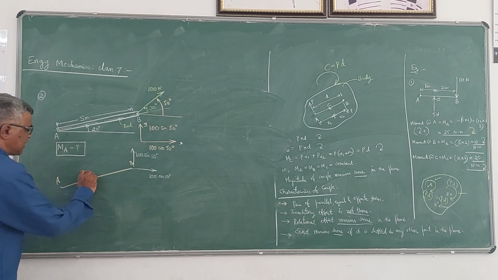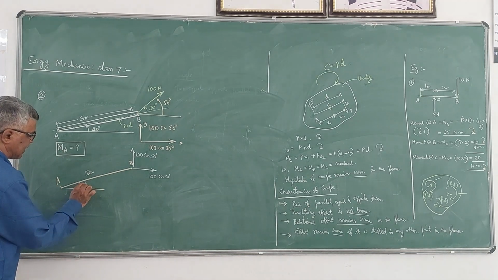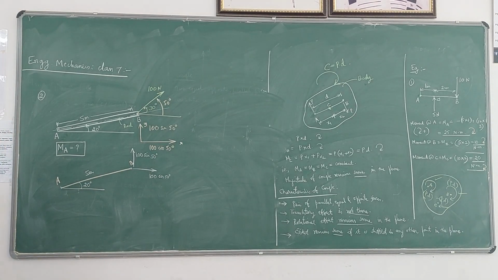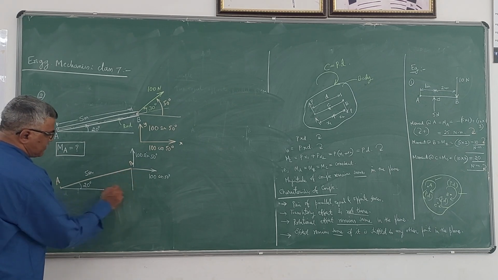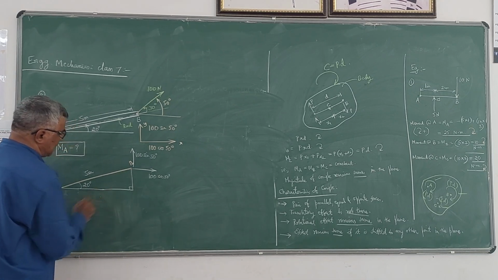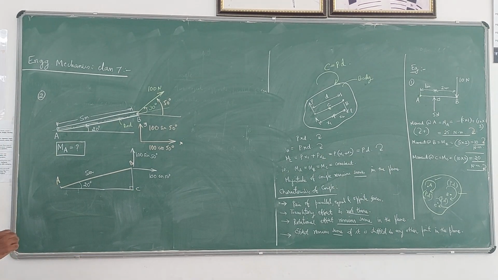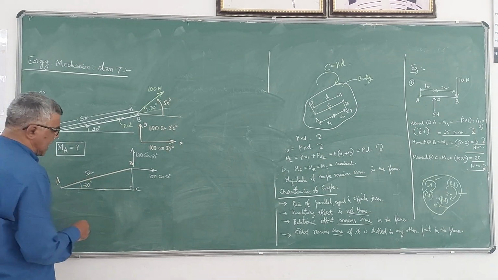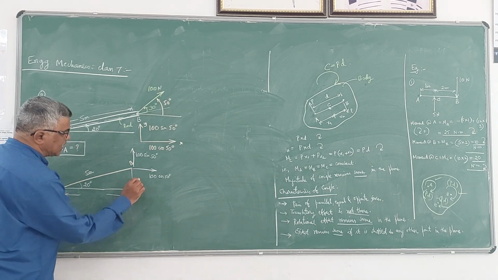Now this is 5 meters and this is 20 degrees. So observe it, it's very important. 20 degrees. These are given. Now I will complete this right angle triangle. Let me take this point as C. Now in this right angle triangle, I need this distance and I need this distance.